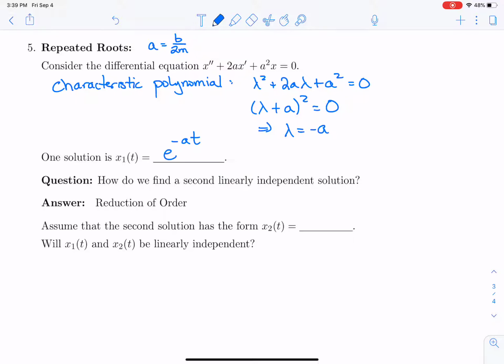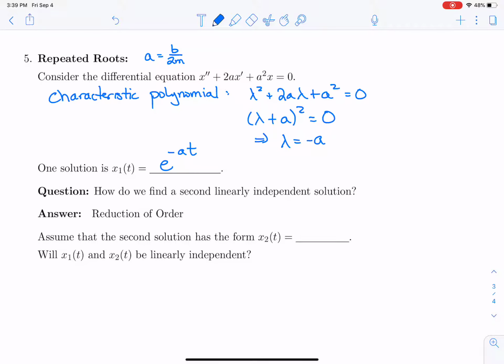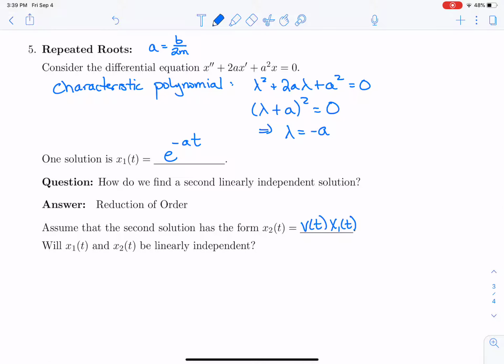We're going to assume that the second solution looks like a function, maybe v of t, times the first solution x1 of t. So we're essentially saying that the second solution will have an e to the minus at in it, but it'll be multiplied by some other function of t.